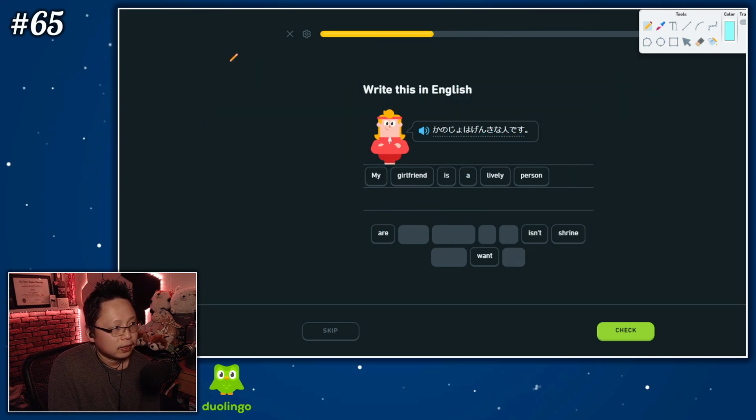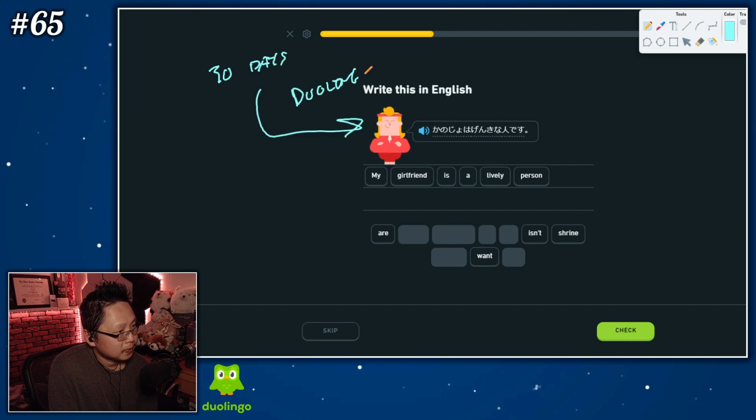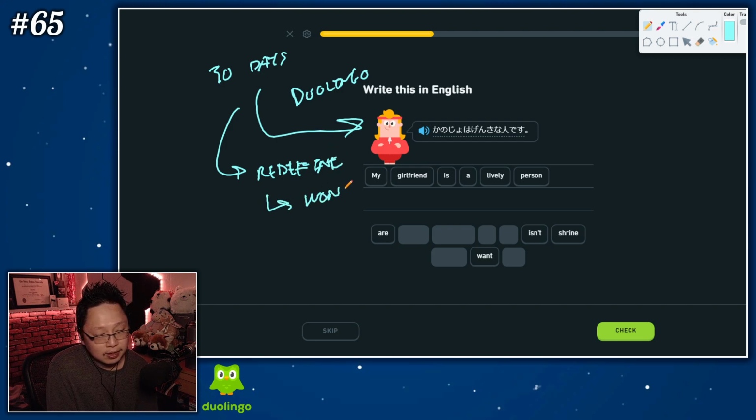Every 30 days ish for Japanese learning with Duolingo, I'm trying to redefine my hobby. As in, I'm trying to do something to remind myself how wonderful it is, how new it is, how refreshing it is.